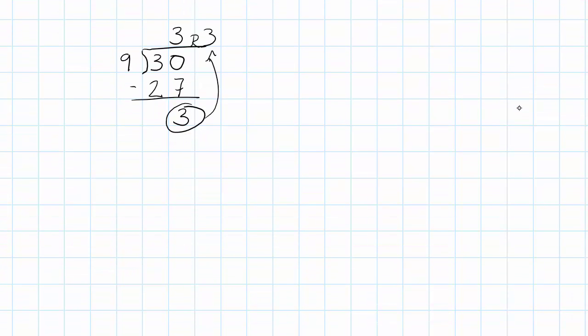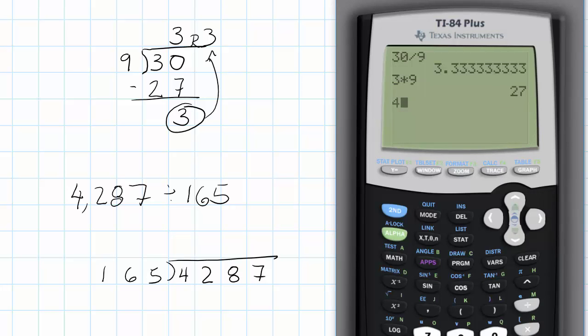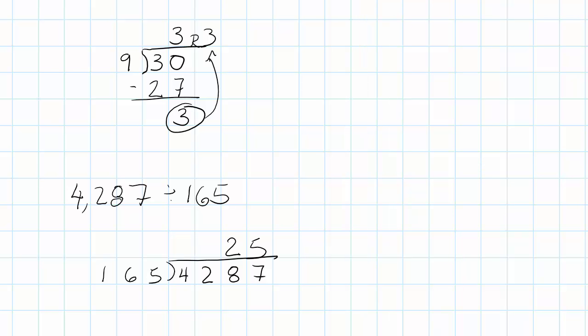All right, let's say we wanted 4,287 divided by 165. Again, we could do this long division by hand, but at the moment I just want to look at the remainder. 165 into 4,287. 4,287 divided by 165 is 25 with some stuff left over.